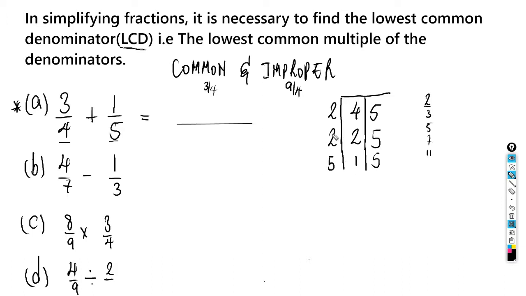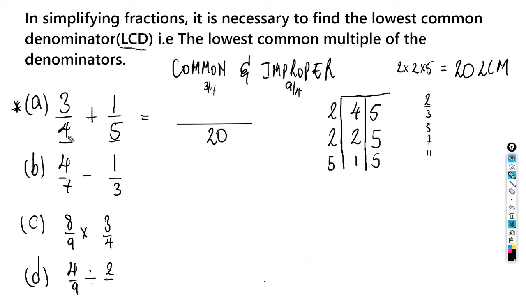So we end up with 2, 2, 5. So to find the lowest common multiple, all we have to do is multiply these three numbers. So it's 2 times 2 gives you 4, and 4 times 5 gives you 20. So 20 is the LCM, okay? So we'll have to find the LCM of the denominators, okay, in order to solve fractions. So we end up with 20 here, right?